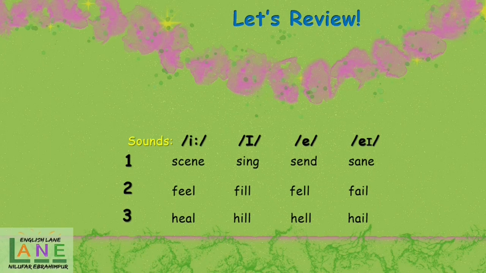I'm going to start with line 1, group number 1. And I'm going to say these words randomly. I want you to listen to me and write the word you hear 3 times.